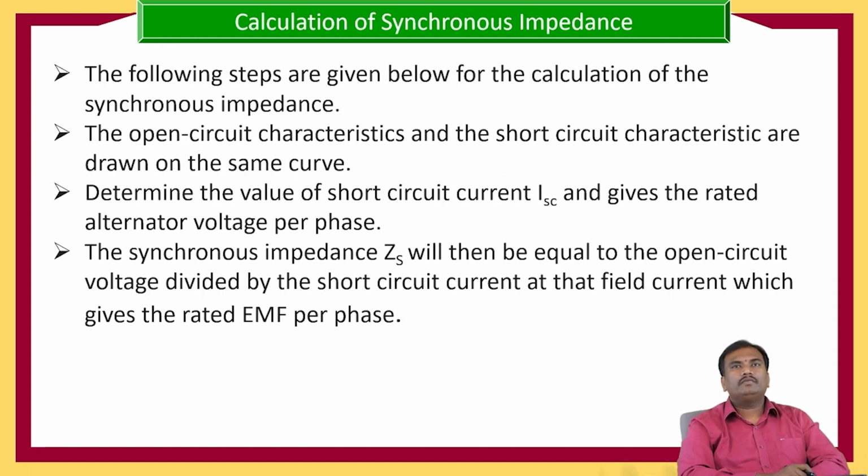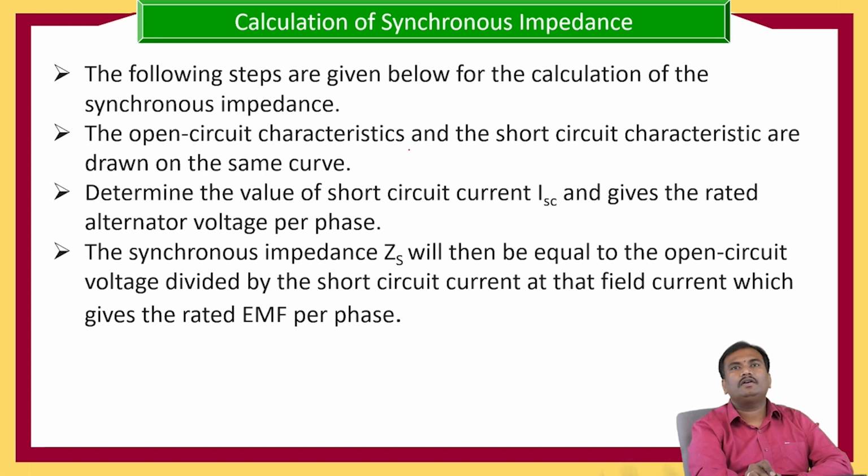Now we need to calculate the synchronous impedance. From the synchronous impedance, we are going to calculate the voltage regulation. The following steps are given for the calculation of the synchronous impedance.